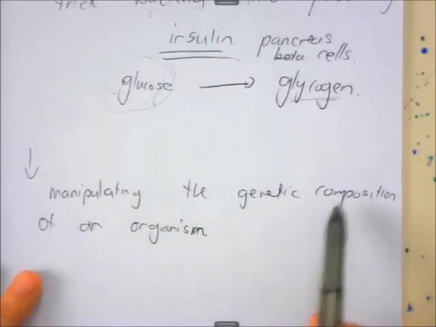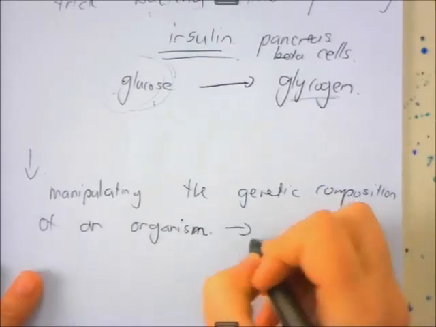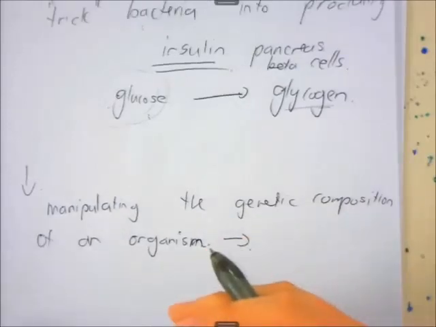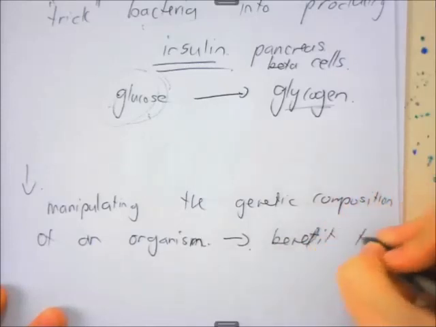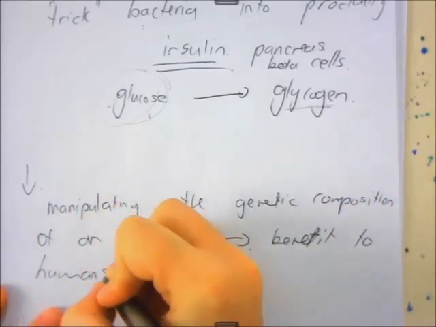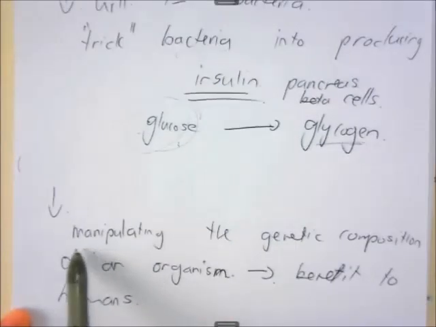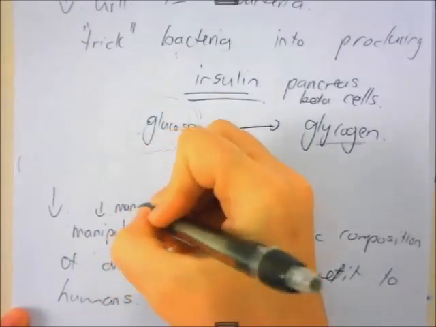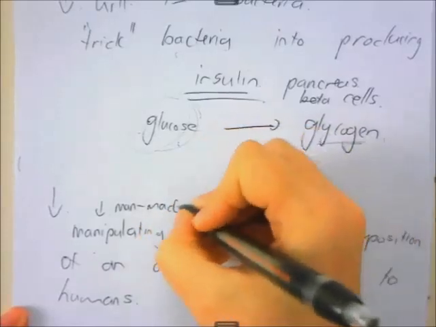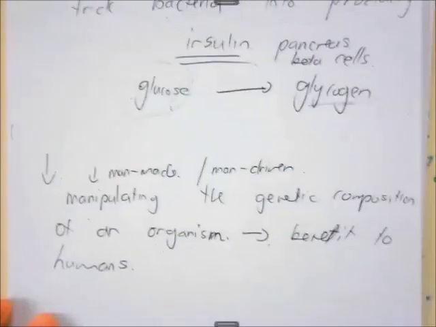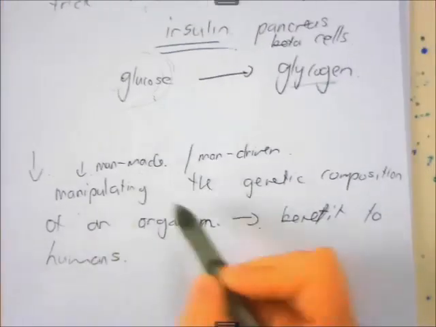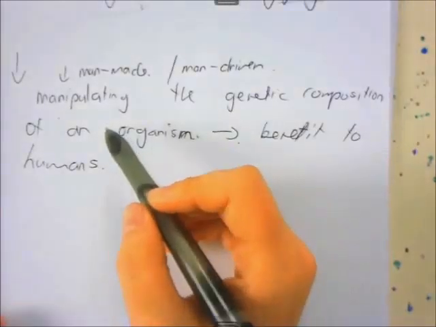It's the manipulating of the genetic composition of an organism, which often results in something beneficial specifically for humans. So there's normally a benefit to humans. And genetic engineering is a man-made or a man-driven process. It's something that scientists do, it's something that as humans we are able to do, and we are able to control this process to get some benefit to us.